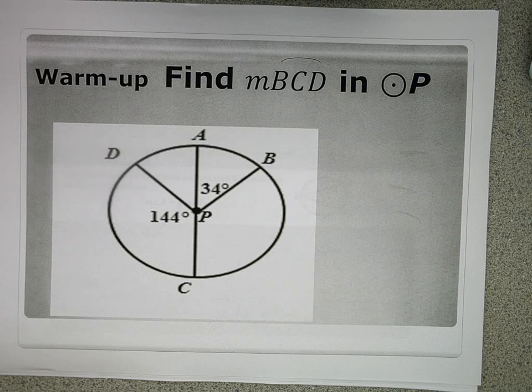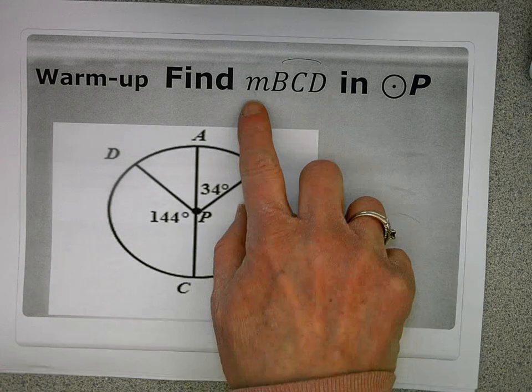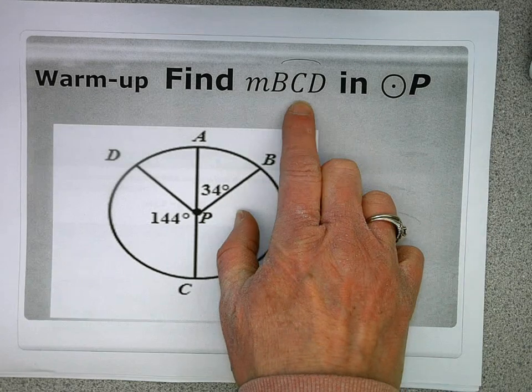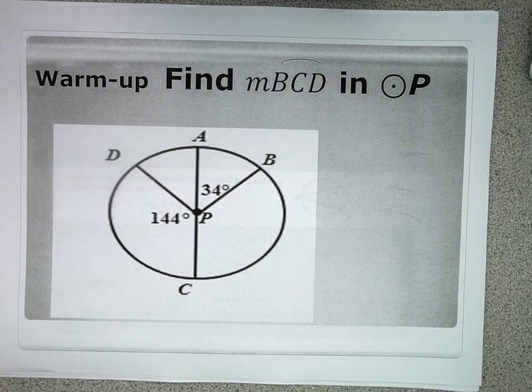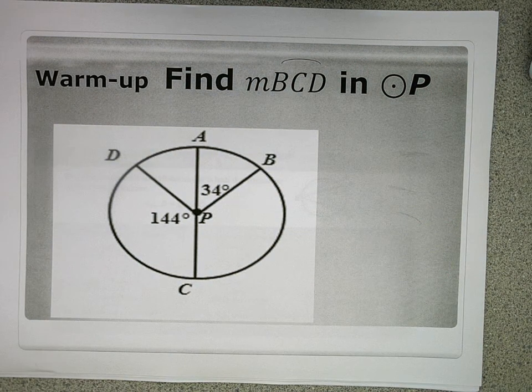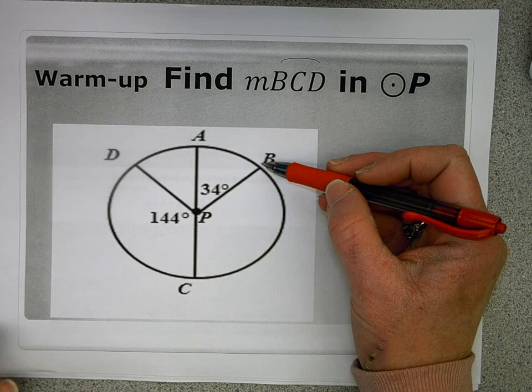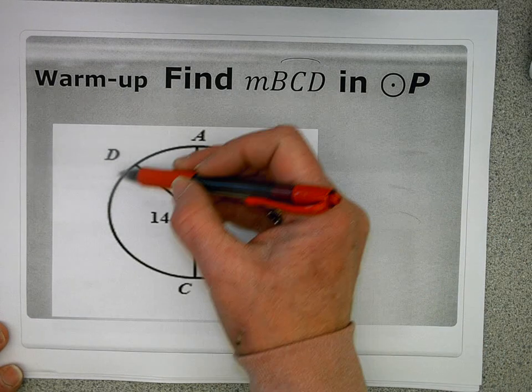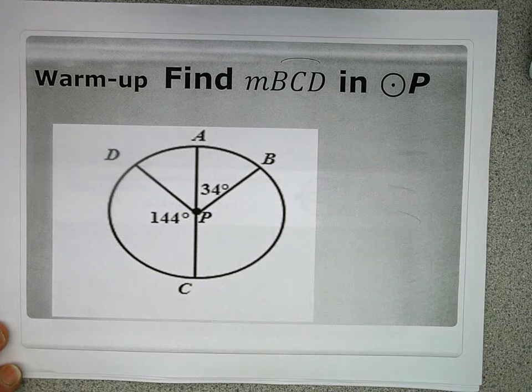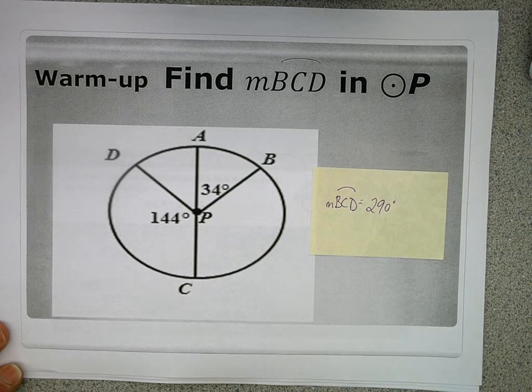As you're finishing this up, remember that measure of arc, and a lot of times the M, means you're going to put the answer in degrees. So that says measure of arc BCD. Remember, three letters means it's a major arc. So you start at B, go through C, and go through D. There are a couple ways you can do that, but hopefully, if you check your answer, you got 290.